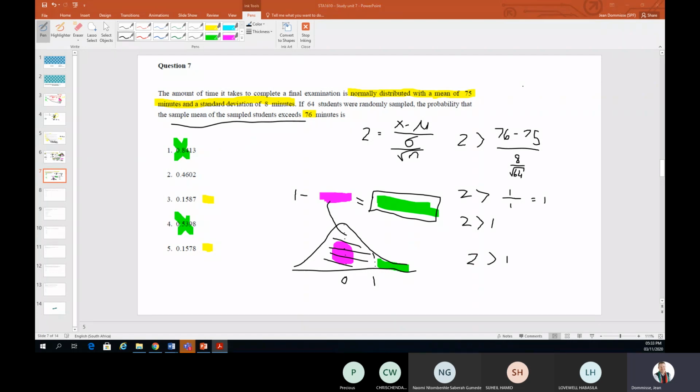Z equal to 1 is 0.8413. So it was actually that one that we could have used. So 1 minus 0.8413 will give me, I'll switch on the calculator, 1 minus 0.8413.